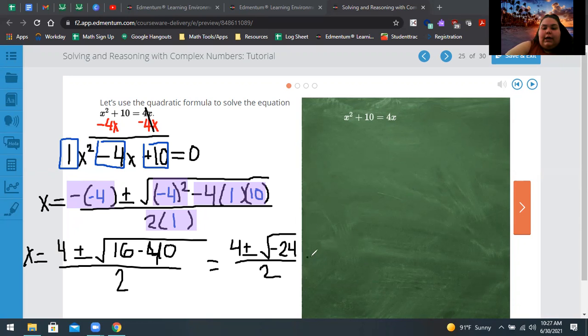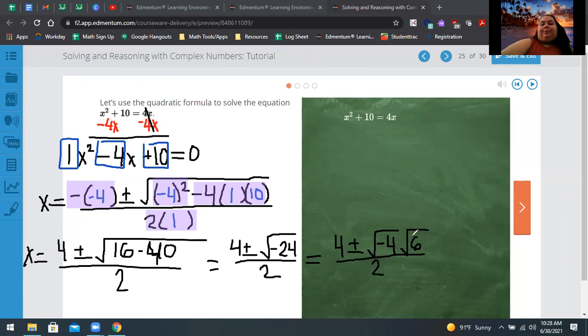So here we have 4 plus or minus the square root of -4 times the square root of 6. Why did I split them? If I were to multiply them, I get back the -24. -4 times 6 under the square roots will be -24, square root over 2.